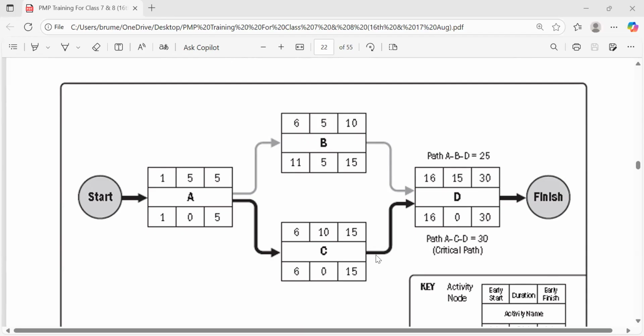What if, and now look at this activity D, which is 15 days, and bring this activity D, I remove it from this place.